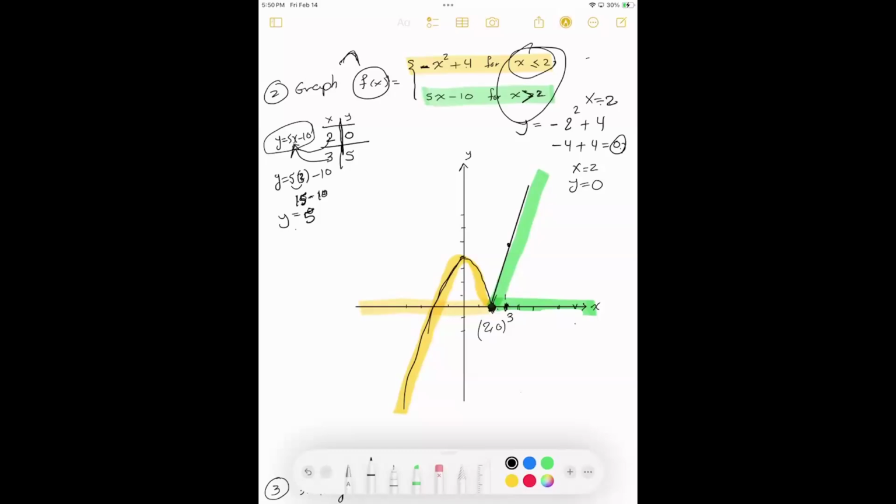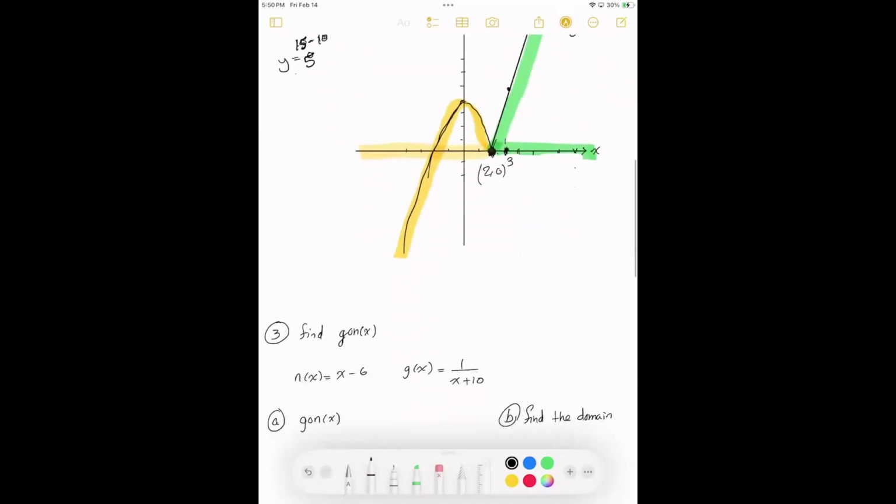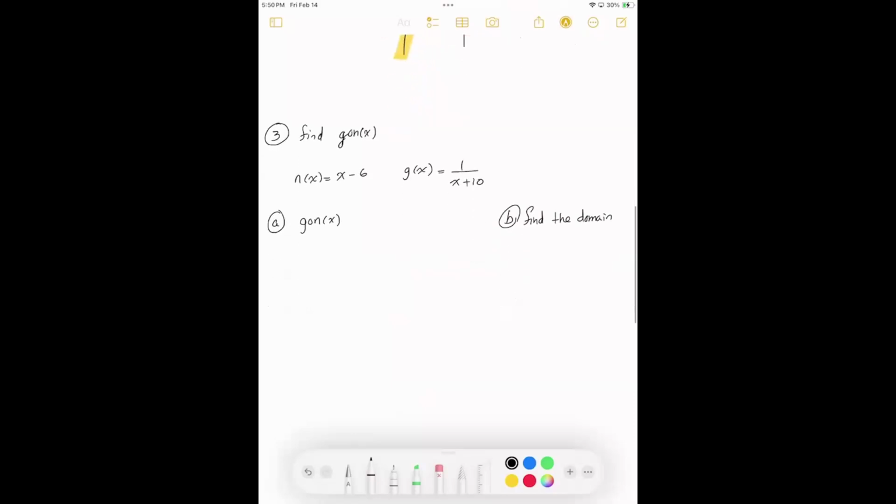So the next problem. Question number 3. We want to find G composed with N of x.